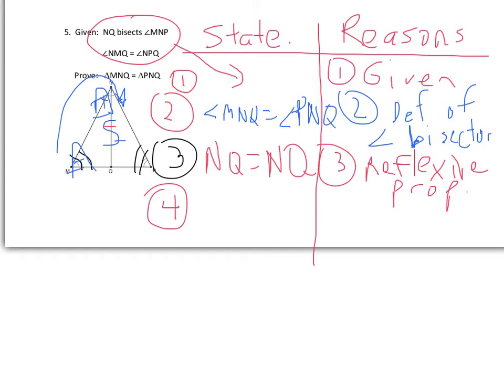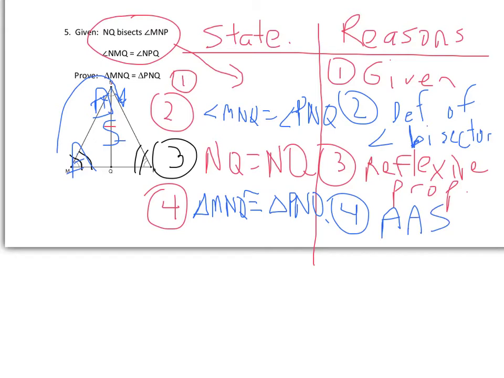So we can say they're congruent, so triangle MNQ is congruent to triangle PNQ. Sorry for my messy handwriting here, doing it and explaining everything on the iPad with my fingers. And that is by angle, angle, side.